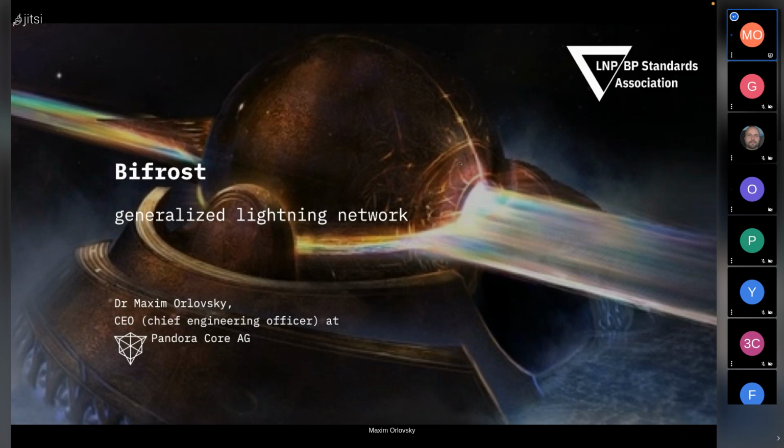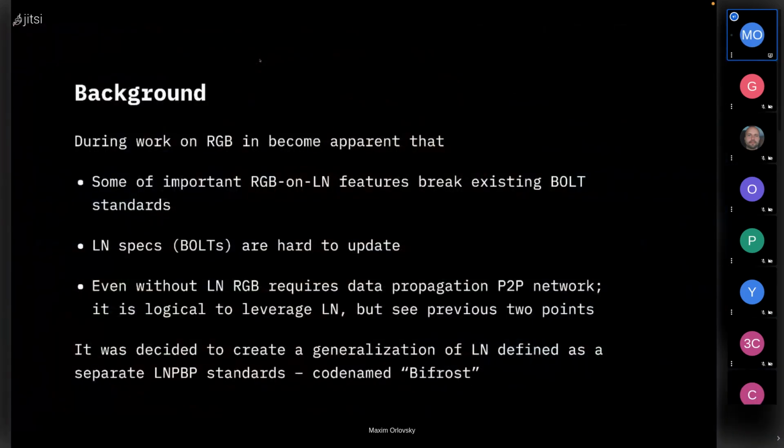And my purpose in this presentation is to give an introduction into what Bifrost is and describe the initial design and work in progress. Briefly, how we came to the idea of Bifrost.